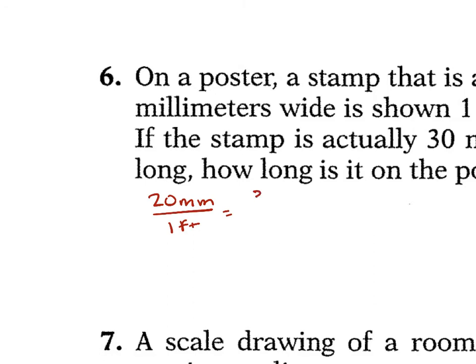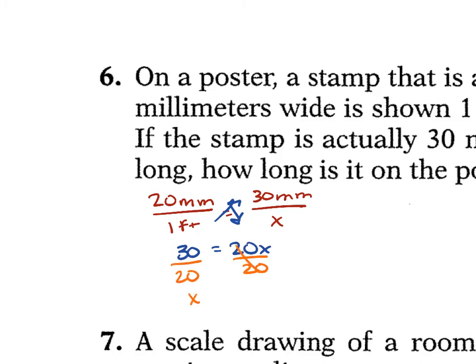We also have that it's 30 millimeters over x. So we're going to cross multiply. So it's going to be 30 is equal to 20x. We divide each side by the 20. We get x is 1 1/2 feet.